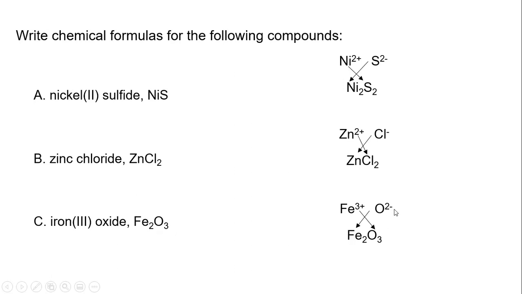Oxygen has a 2 negative. Iron 3, it's telling you right here it's a 3. Crisscross them down, and here is the compound. Now, if you wanted to say this wasn't here, and I gave you this, which we'll practice, this is iron 3 oxide. That's how you would say it. You crisscross it still when you're looking for the oxidation state. And that's it. Thank you.